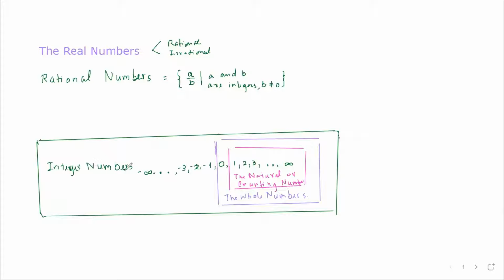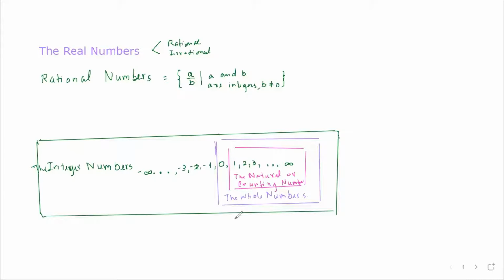So we know integer numbers mean three kinds: start from 0, the positive integers, and the negative integers. The positive integers we name natural numbers or counting numbers. If we start from 0, 1, 2, 3, 4, 5, and so on to plus infinity, we call them the whole numbers. So whole numbers start from 0.